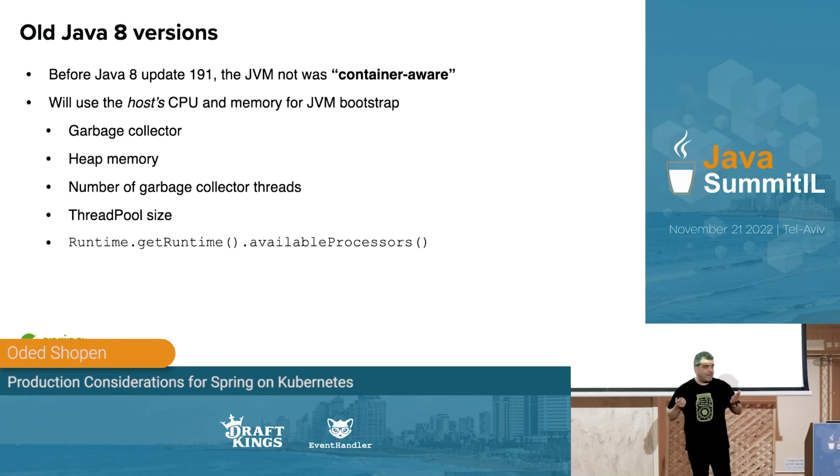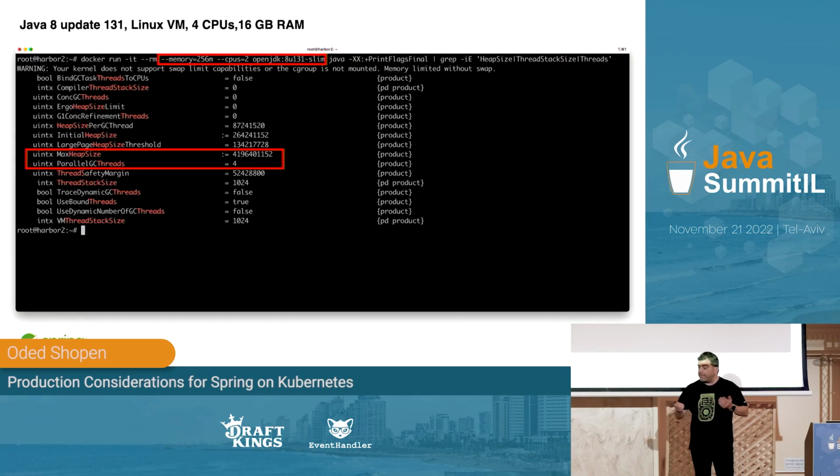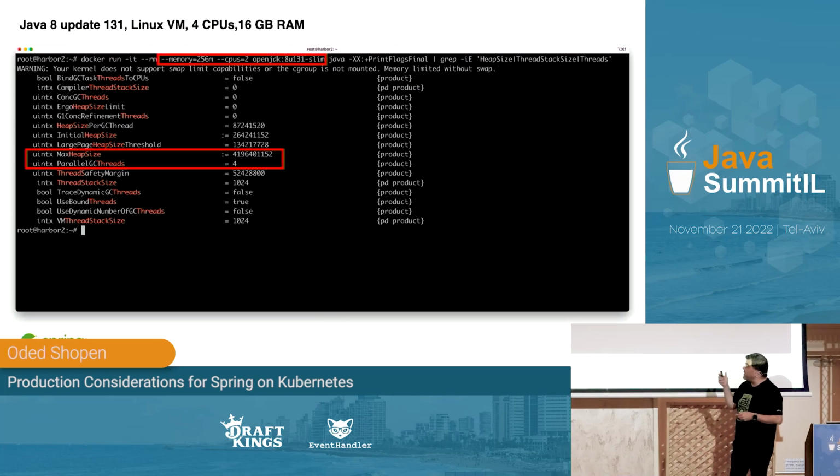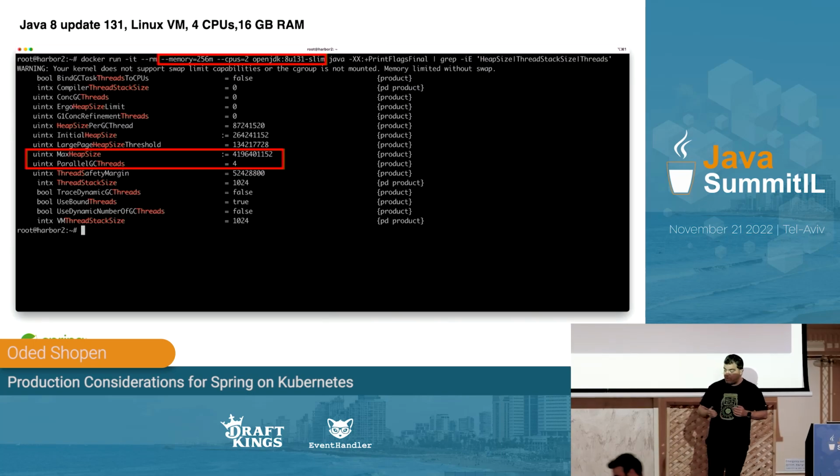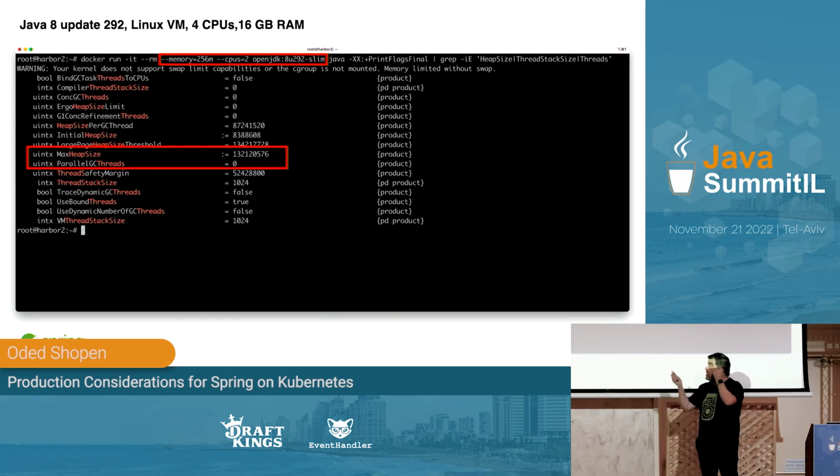And this is obviously a very bad idea that can create a lot of problems for you. For example, here I'm running JDK 8 update 131, and my application thinks, hey, great, I have 4 gigabytes of memory, and I'm going to use 4 cores. While in fact, I just requested 2 CPUs and around 256 megabytes of memory. If I jump to update 292, I get the correct parameters as expected, right? So make sure you use the correct parameters here.